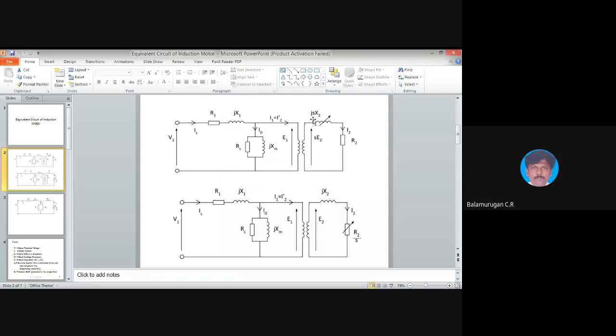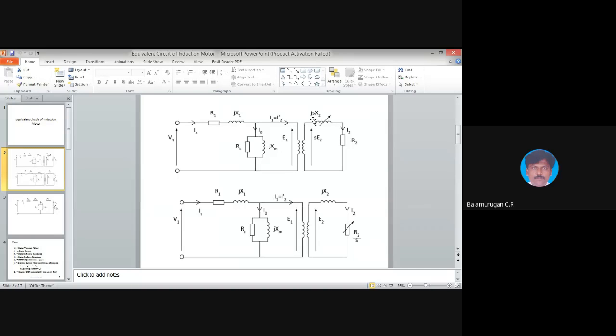You can see and post in the chat box. We'll have an input voltage V and a supply current. We'll have a rotor resistance and reactance. Then we have a core loss component, the no load current I naught, RC represents the core loss component, and XM represents the magnetizing component. E1 is the EMF on the stator or primary winding.